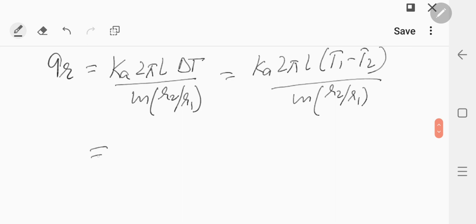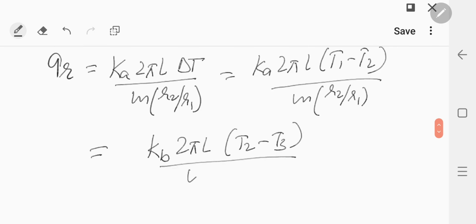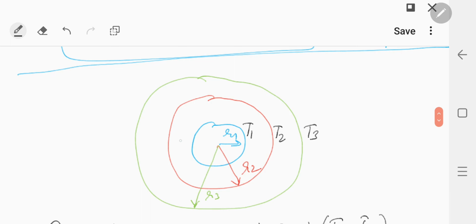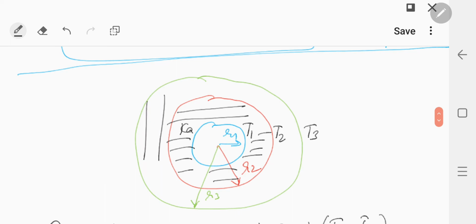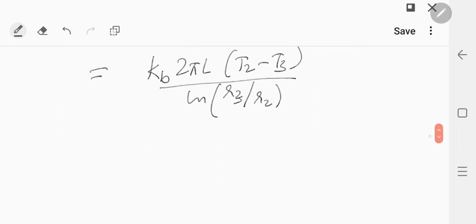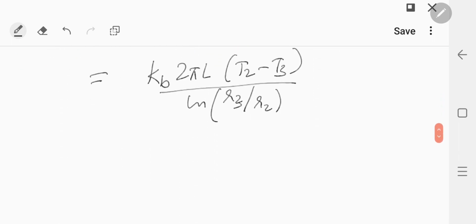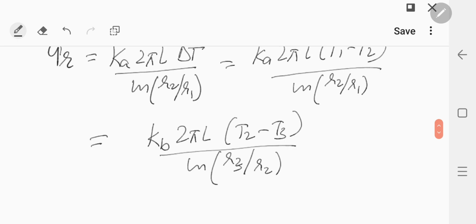Also, this is equal to Kb 2 pi L (T2 minus T3) over ln R3 by R2, where Ka is the thermal conductivity of the inner layer and Kb is the thermal conductivity of the outer layer. Clear? So under steady state conditions, the rate of heat transfer through both these different materials will be the same.